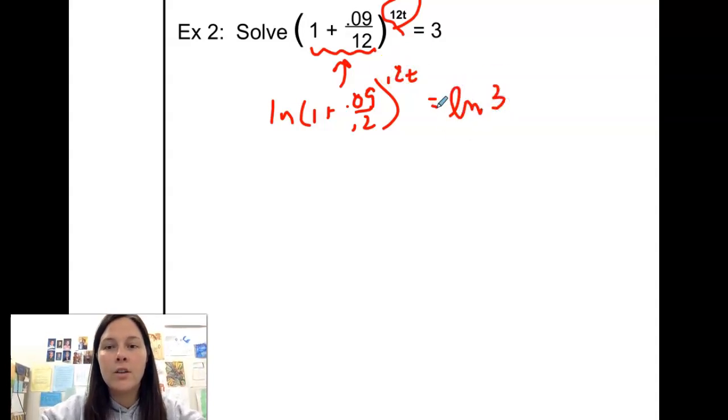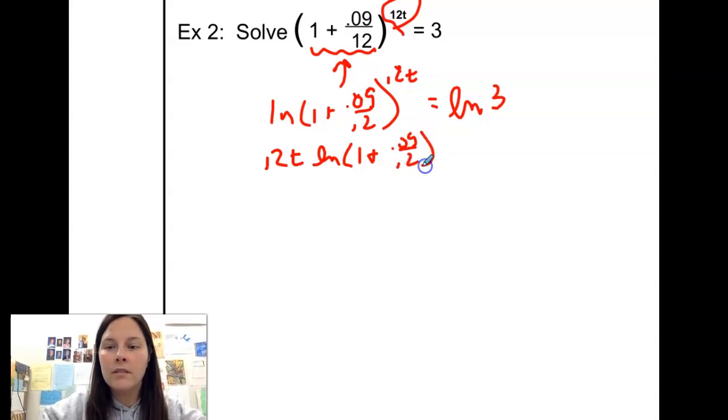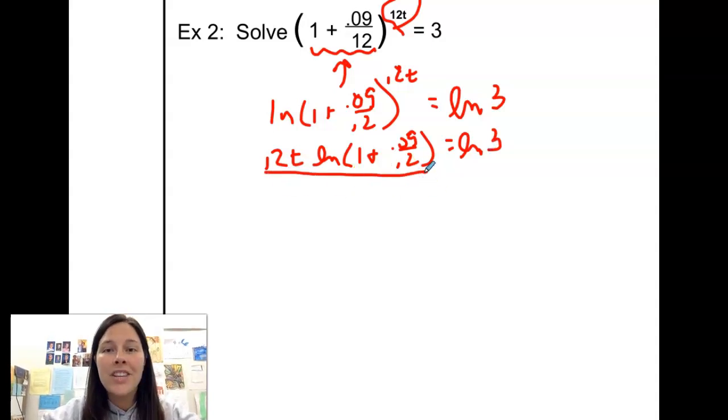All right, and then we can use properties of logs and make that exponent into a coefficient. So 12t times natural log of 1 plus 0.09 over 12 equals, we haven't done anything to the right-hand side. And then to get t alone, we're going to be dividing by everything that's not t.